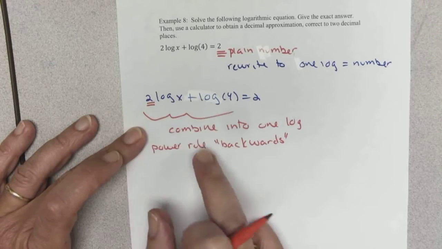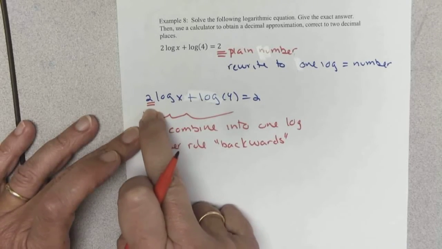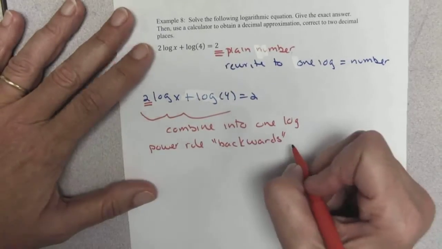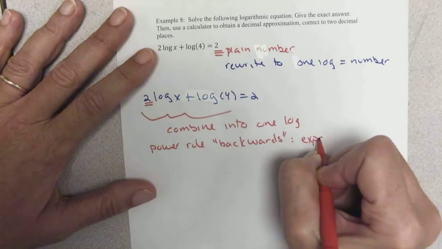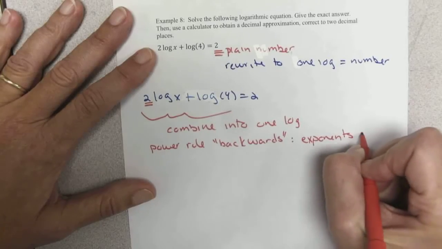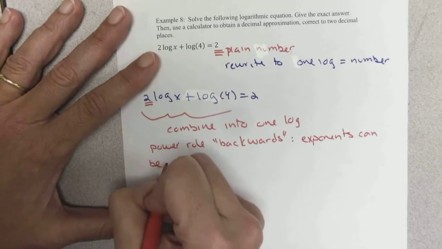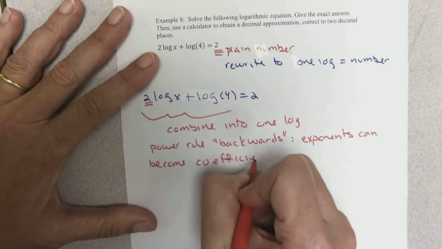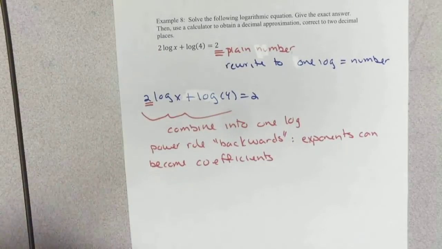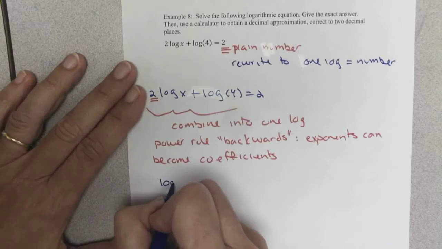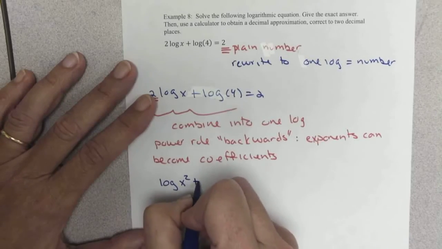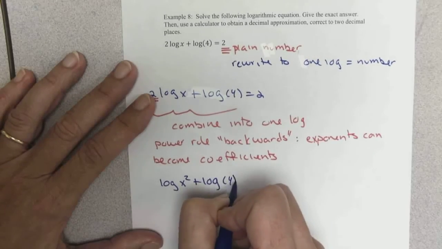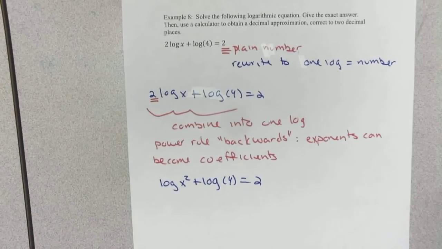To combine these guys, I'm going to have to start with that coefficient, power rule backwards, exponents can become coefficients. So this becomes log x squared plus log of 4 equals 2.